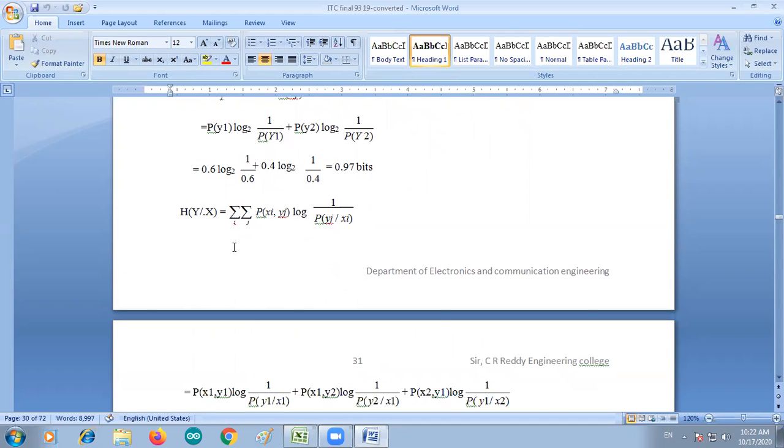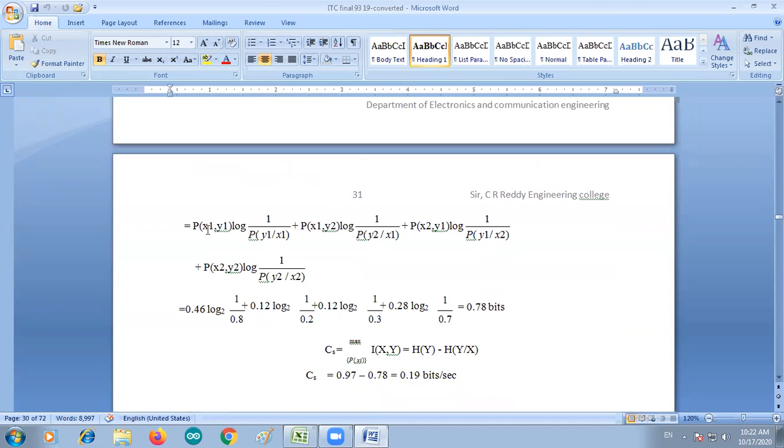H of y by x is the joint conditional entropy or transition entropy. That is equal to sigma i, sigma j, P of x comma y log 1 by P of yj by xi. So if you substitute, P of x1 y1 log 1 by P of y1 by x1 plus P of x1 y2 log 1 by P of y2 by x1 plus P of x2 y1 log 1 by P of y1 by x2 plus P of x2 y2 log 1 by P of y2 by x2.